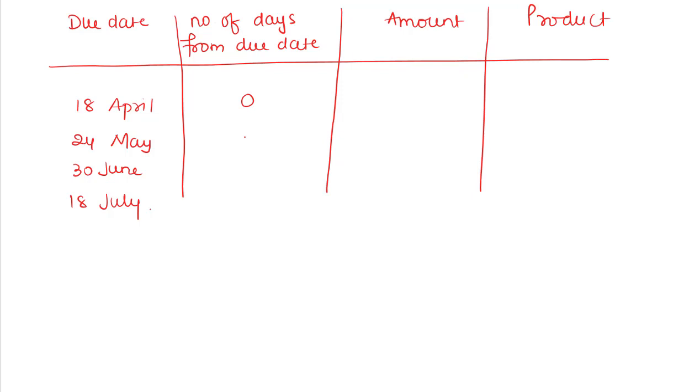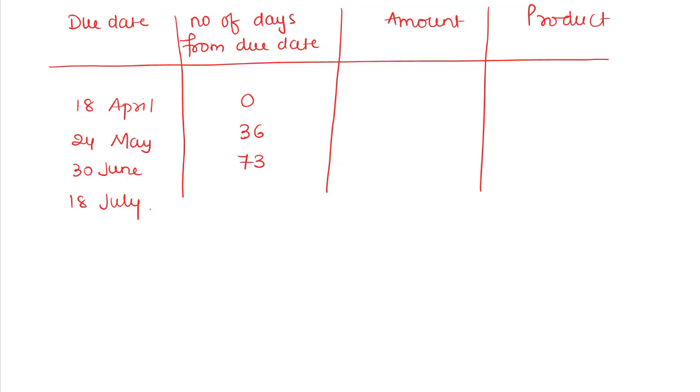Do it on your calculators. Calculate the days. 30 minus 18, so in April there are 12 days, plus 24 days of May, so 36 days. This is 30th June: April 12 days, May 31, plus June 30, 73 days.